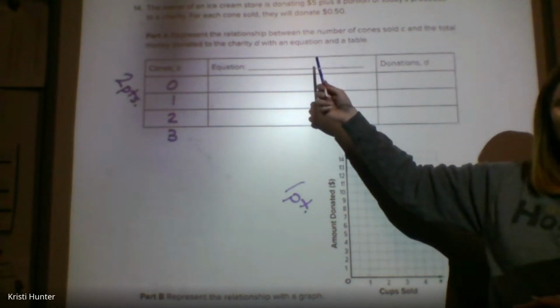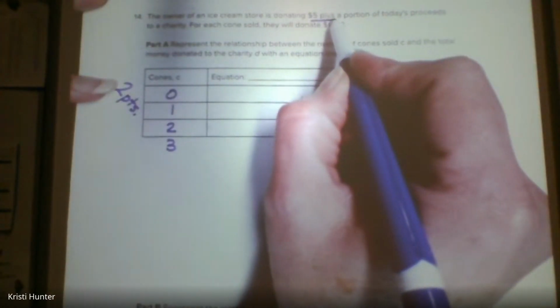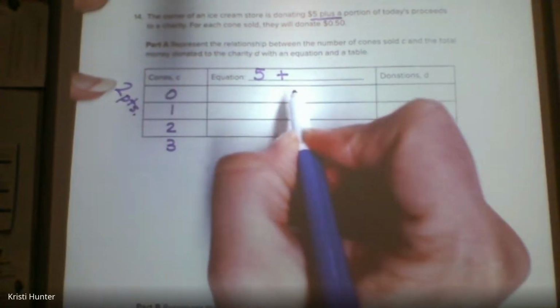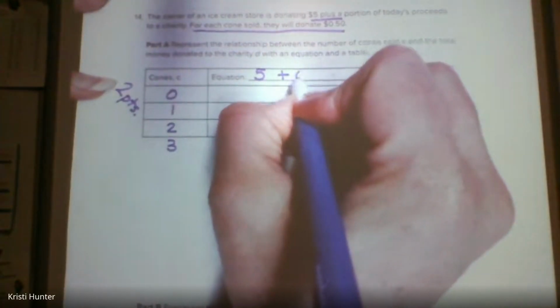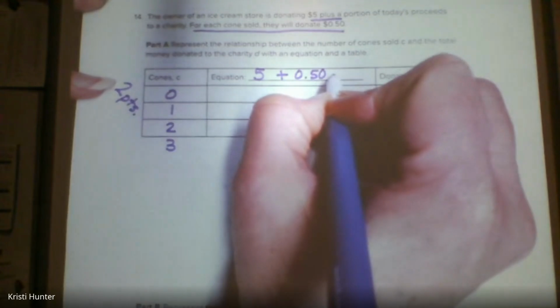And now I've got to come up with my equation. So listen to what it says. The owner of the ice cream store is donating $5 plus. So I know they're going to donate $5 whether they sell an ice cream cone or not. Plus, for each cone they sell, they're donating 50 cents. So every cone they sell, they're donating 50 cents per cone.